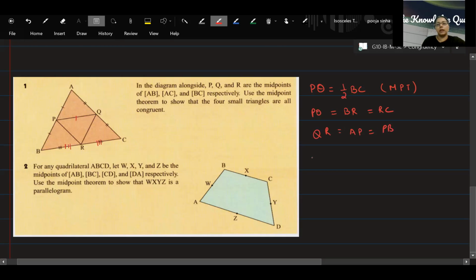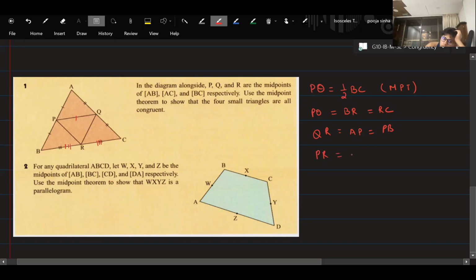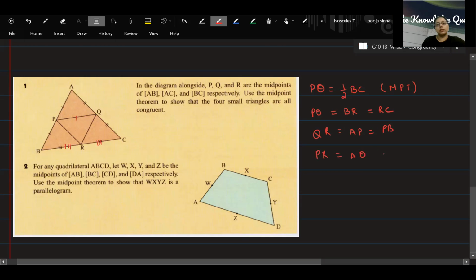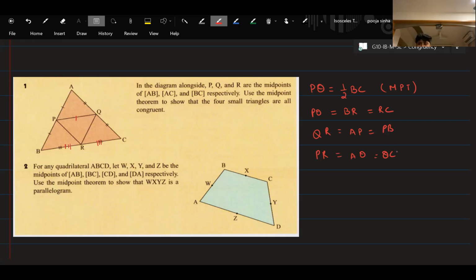And in the same way, PR is equal to AQ and QC. Arya, is this understood? Yeah. I'm sorry, I was talking to them. Is this understood first? Yeah.